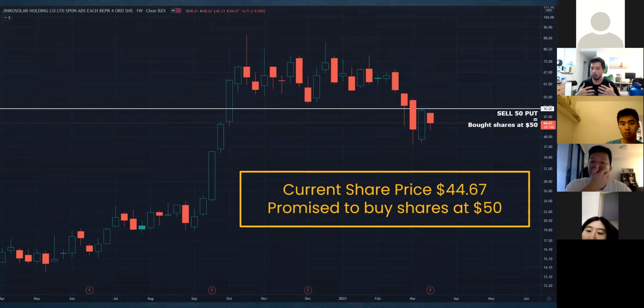So since you promised to buy at $50, at expiry you are going to buy the shares at $50. Remember, all options in the US are for 100 shares, so you're going to buy 100 shares at $50, which means you need a capital amount of $5,000.